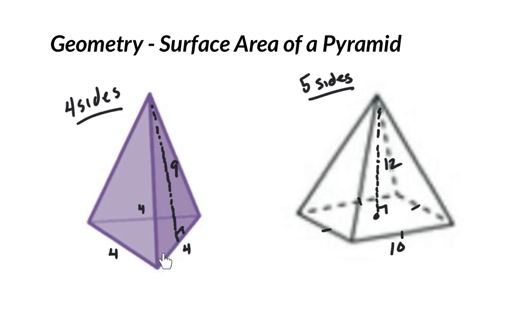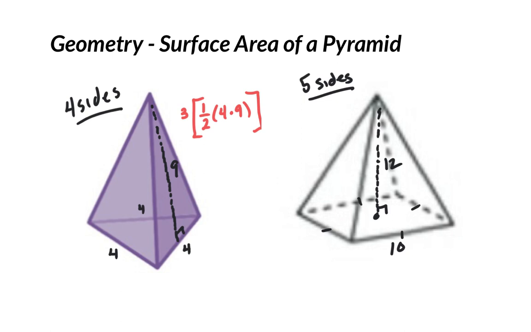You can see I sketched in here that this has a base of 4 and a height of 9. So we could easily say the area of one side is the area of our triangle, 1/2 the base times the height. But just remember, we have 3 of those. So that counts up all 3 of those sides here.